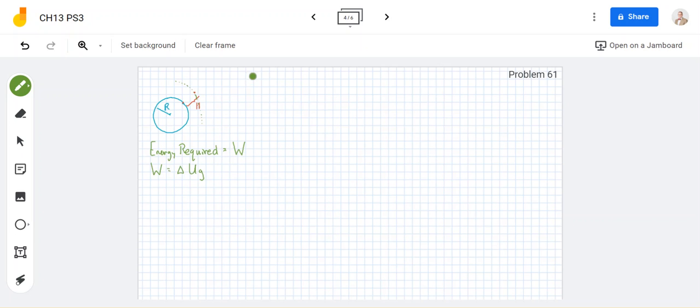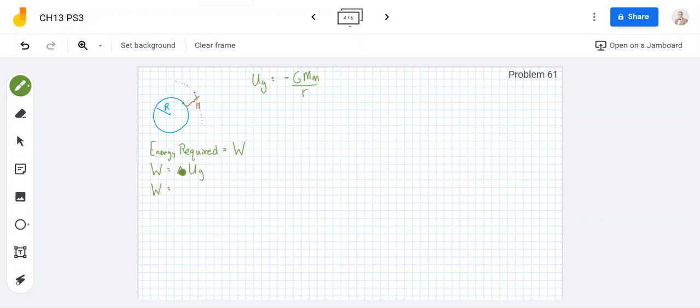So what is our gravitational potential energy formula? Well, we know U_G is equal to negative GMm all over r. So that's our formula. When it's at the surface, it's just GMm over R, and when it's at the height out here, it's going to be a different distance. So let's see how that works out.